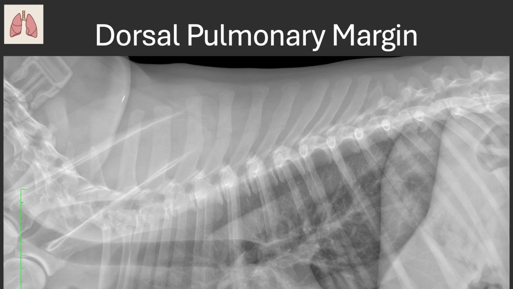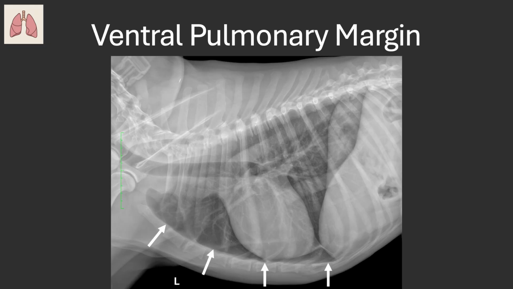Dorsally, there may be some superimposition with thoracic vertebrae, especially if there is rotation of the lateral radiograph. The dorsal pulmonary margins are demarcated in this radiograph by the white arrows. Ventrally, the lungs may extend to the sternebrae, as noted by the white arrows.